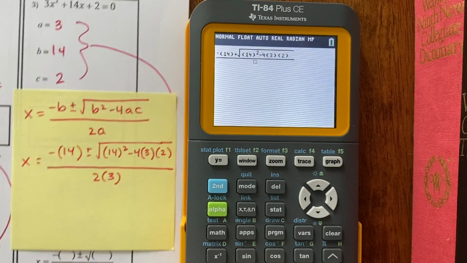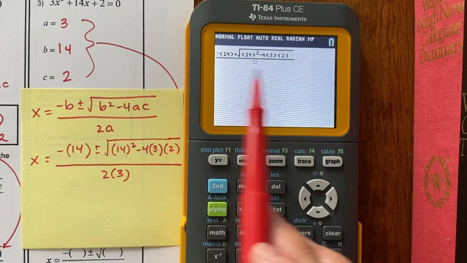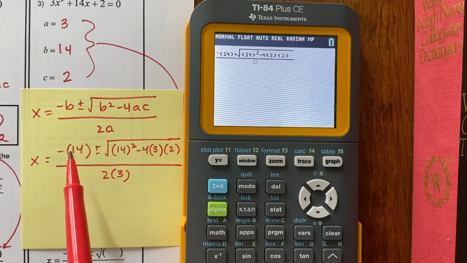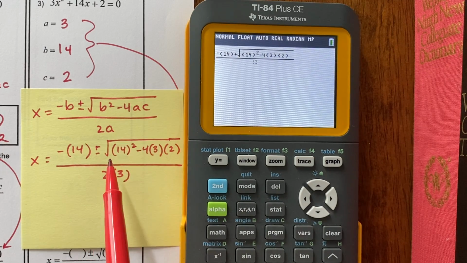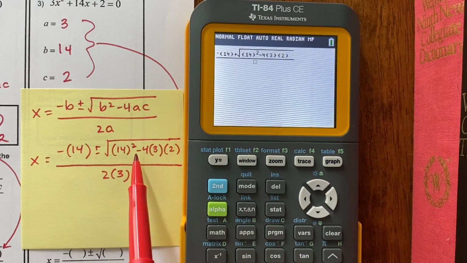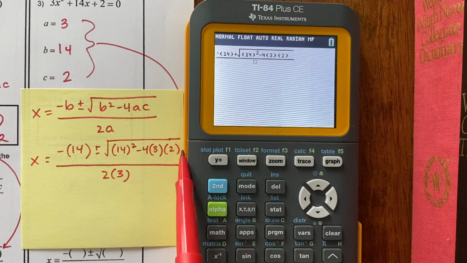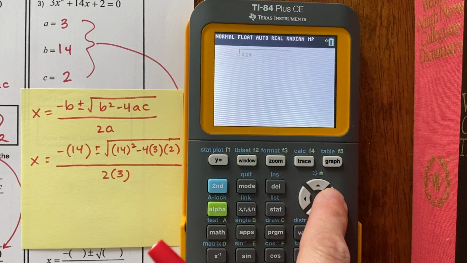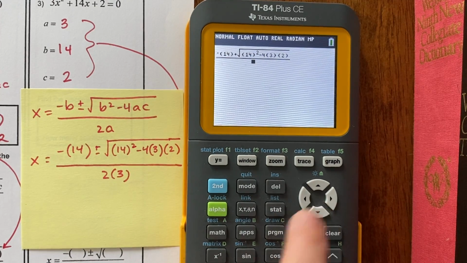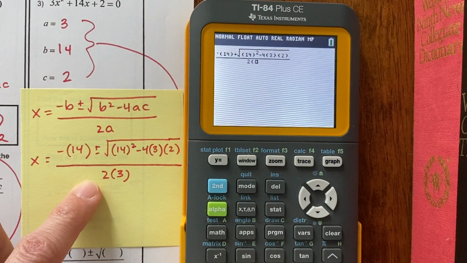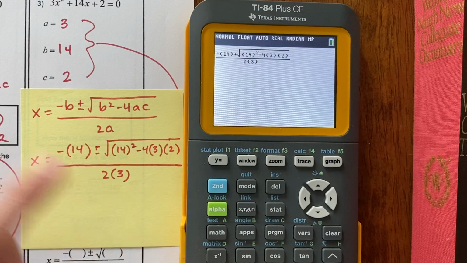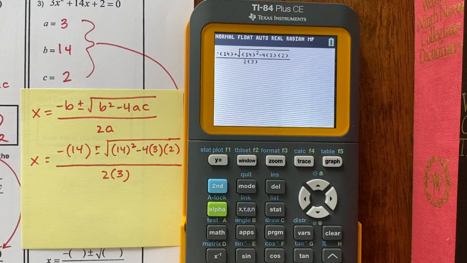All right, compare the top of this to the top of this. We have negative 14 in parentheses. We have plus. We have a square root symbol. We have 14 in parentheses squared minus 4, and then 3 in parentheses, 2 in parentheses. Looks good. So arrow out of that, arrow down, and we just have to do 2 times 3. Again, you can put 6, but whatever.